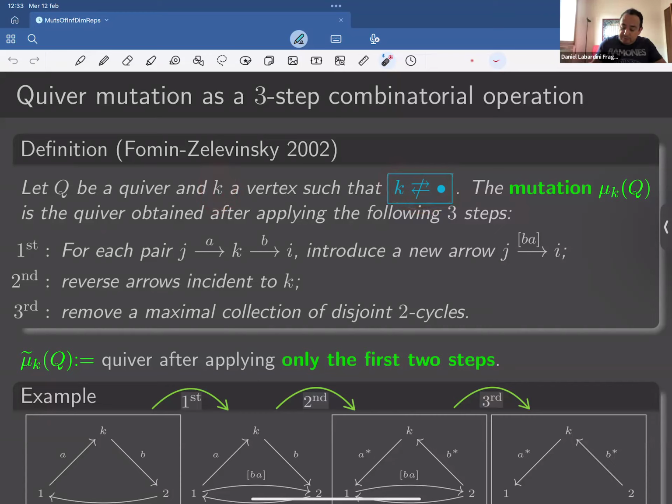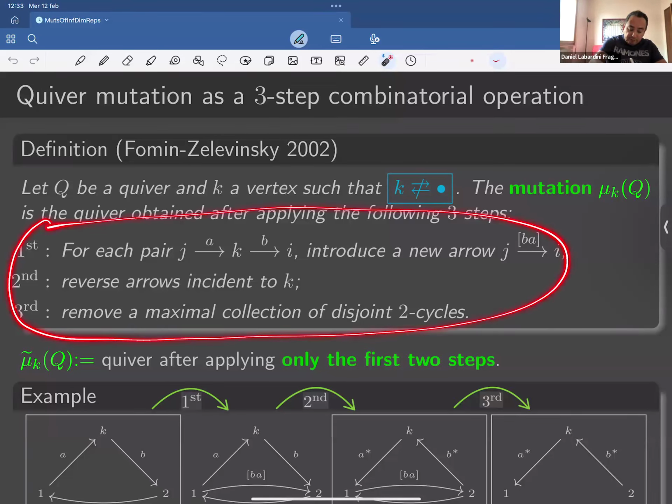Then the mutation in direction k transforms Q into a 2-acyclic quiver, a new quiver that doesn't have two cycles, by following these three combinatorial steps.